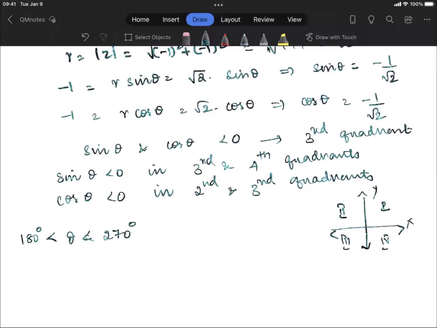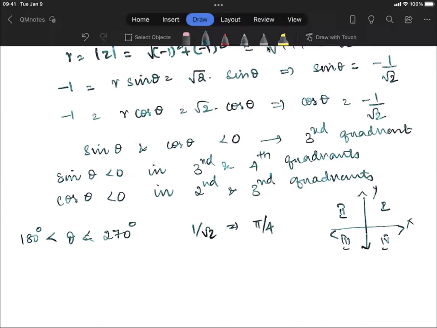And from the value of 1 over root 2, we know that an angle of 45 degrees is involved. The sine of 45 degrees or cos 45 degrees are both 1 over root 2.